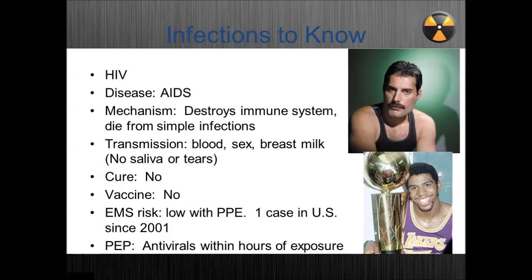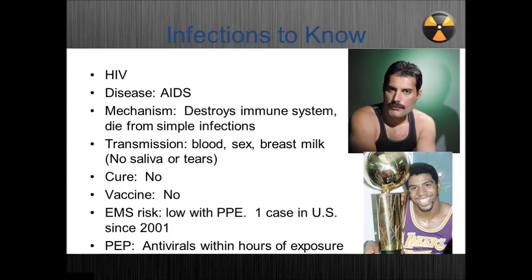All right, so let's go over a few diseases. Who knows the guy on the right? Okay, long since passed. And then the guy on the bottom, still alive and kicking. They both had HIV. And like I said, the human immunodeficiency virus, you can have it for years, but at some point in time, without medications, it destroys your immune system.